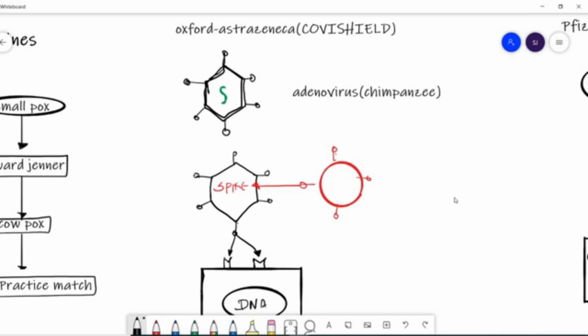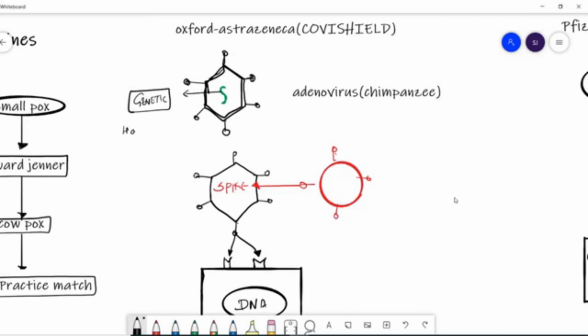So how we do that is that we take a virus. In this specific case, we take an adenovirus. Adenovirus is a virus which affects the chimpanzee, and it looks similar to this hexagonal feature with this spike. And what we do is that we remove the genetic information which is present in the virus, so that it becomes harmless.